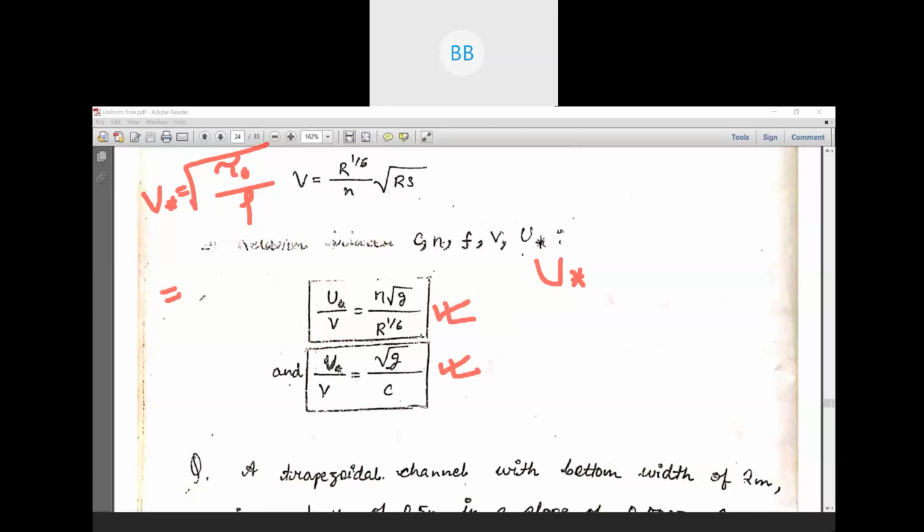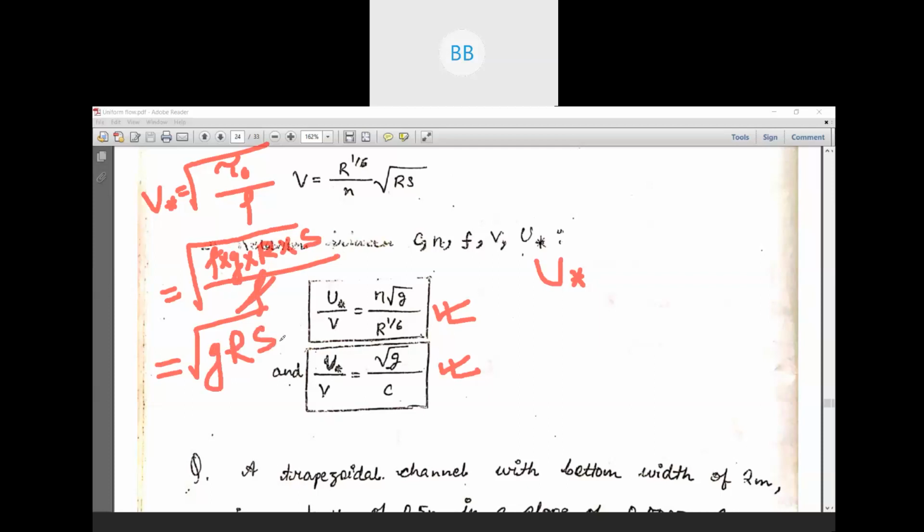Root over shear stress divided by density is nothing but specific weight, that is rho into g, multiplied by your hydraulic radius multiplied by slope, divided by density. This will cancel out. So ultimately you are going to get root over acceleration due to gravity, R, SB.